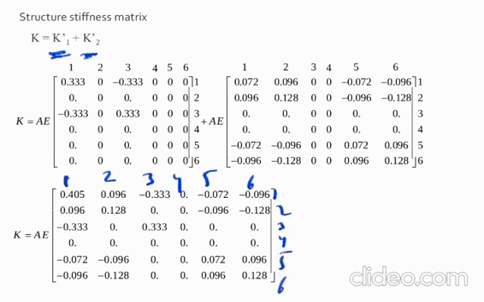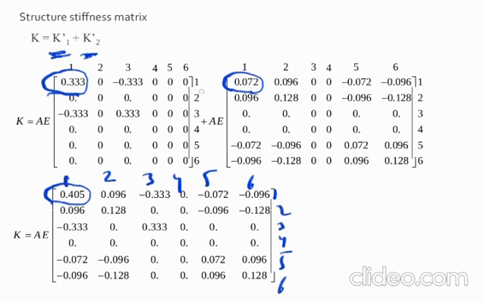How can I sum these members? I will take them one by one. This is 1 by 1: 0.333 plus 0.078 will be 0.405.